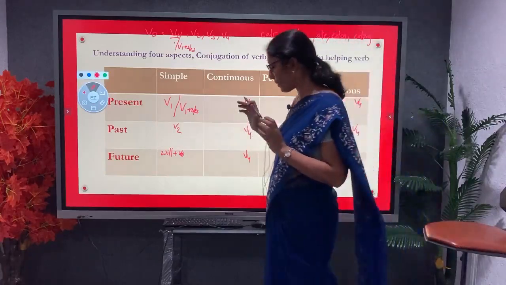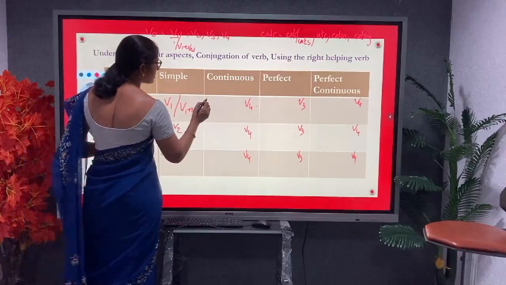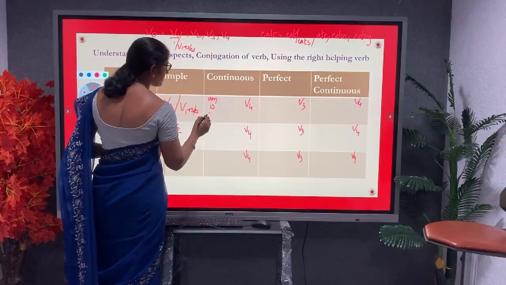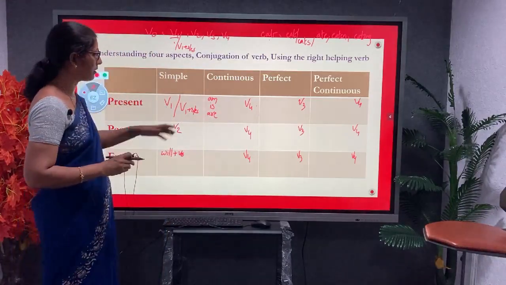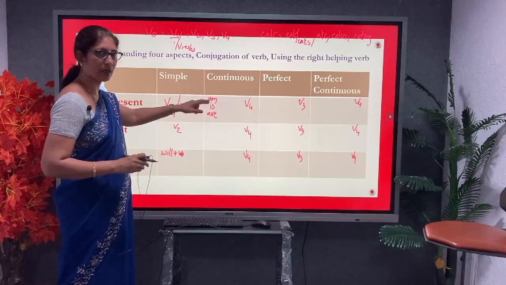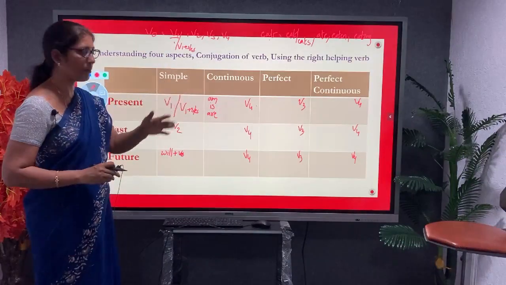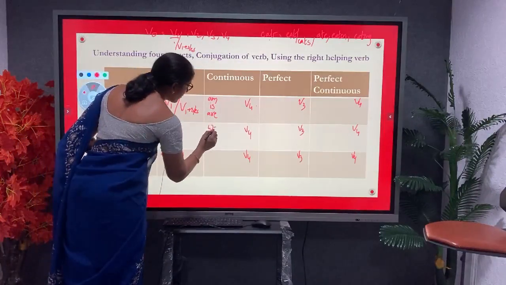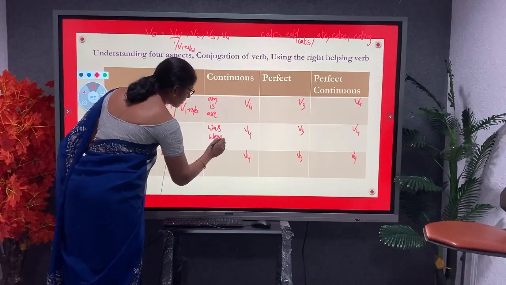Present continuous: the helping verbs are am, is, are, which we take according to the subject. I am, he is, they are. Past tense means for a singular subject was, for a plural subject were.